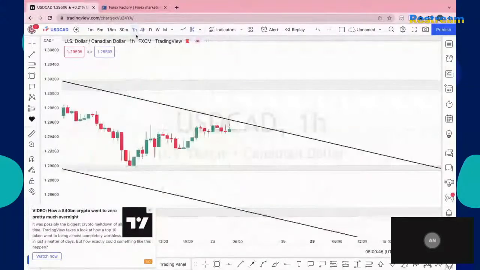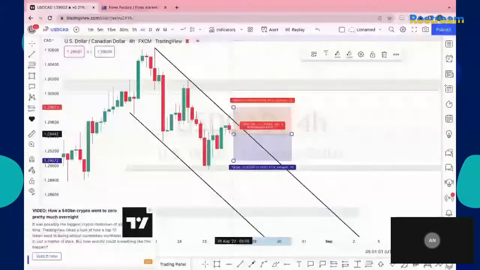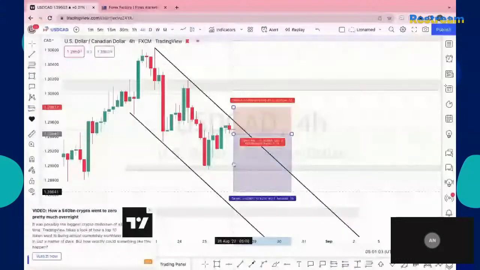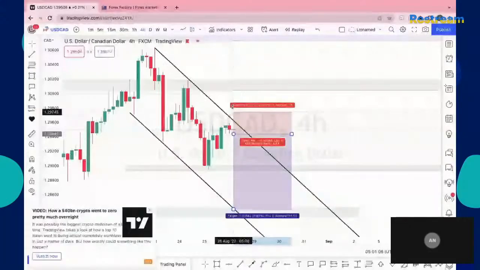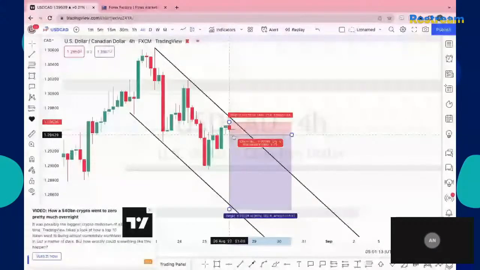So let me look at this from 4 hour. It needs to be filled, so possibly not long, short. Downside movement.